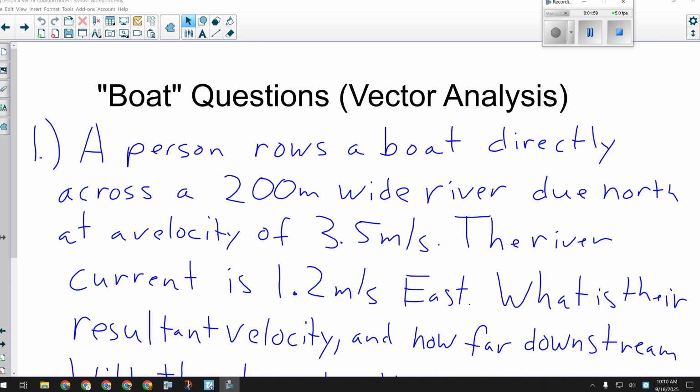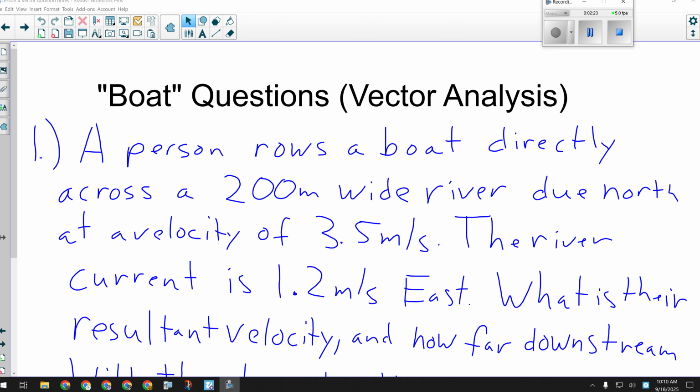The second kind of situation is if I don't care about ending up straight across. I just row in that direction. If I just row straight across, where am I going to end up? Downstream. The current will just push me down there. Depending on how fast the river is and how fast I can row, that could be a very short distance or a very long distance.